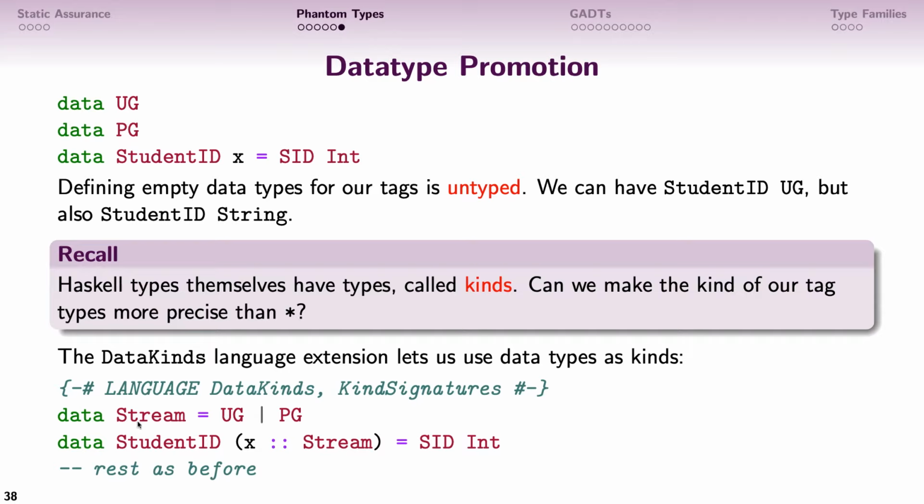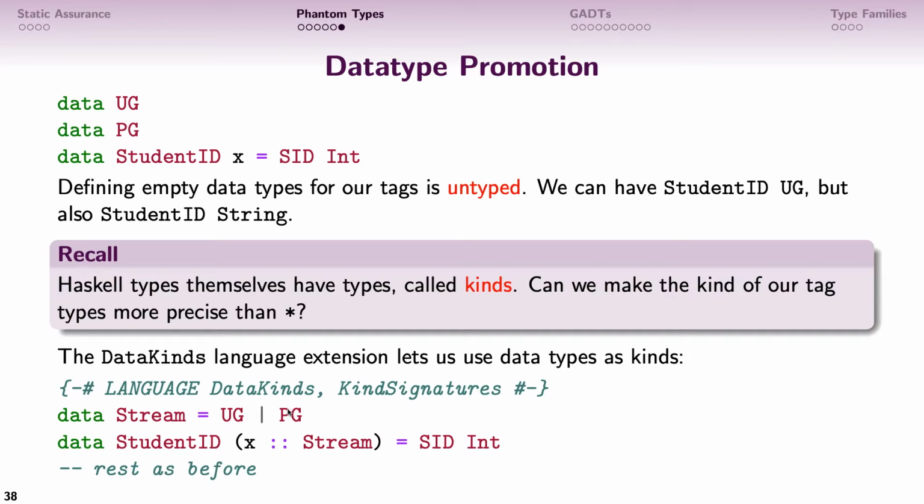Because stream, the data type, was promoted up to the kind level, so now stream is a kind here, then UG and PG get promoted up to the type level. So they are now types of kind stream. Okay? But they're not types in the sense that they have values. They're just things that are on the type level now.